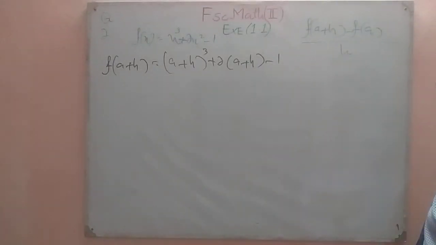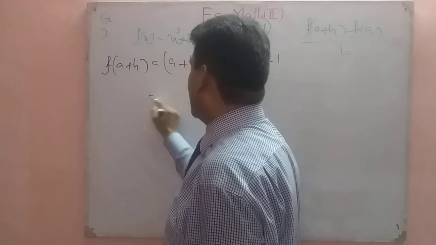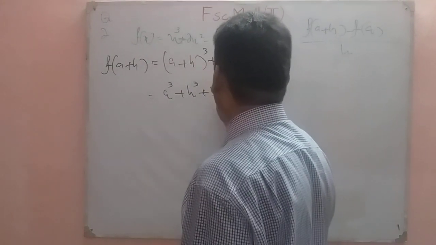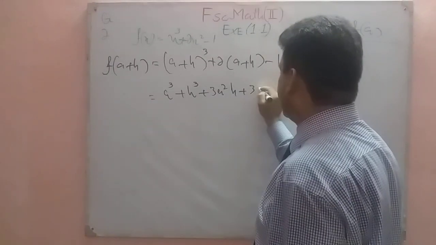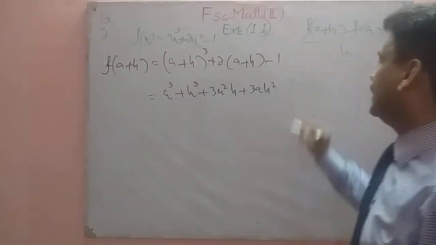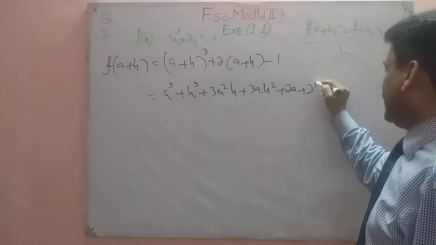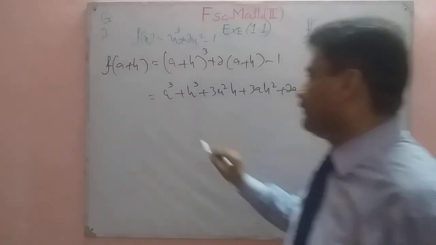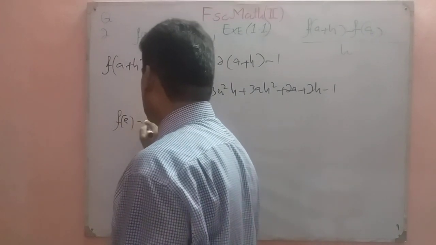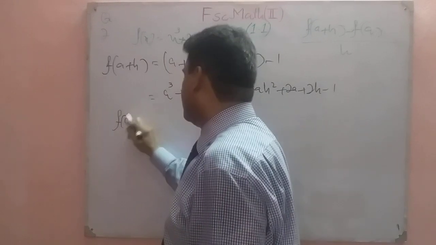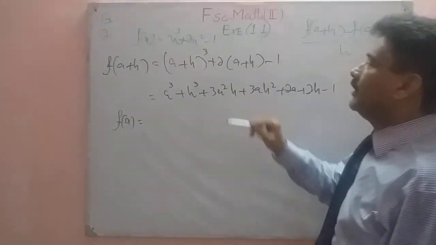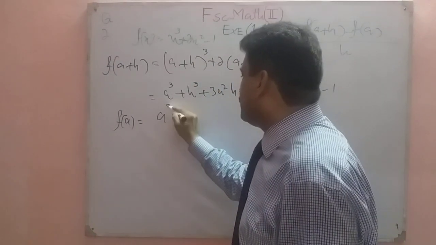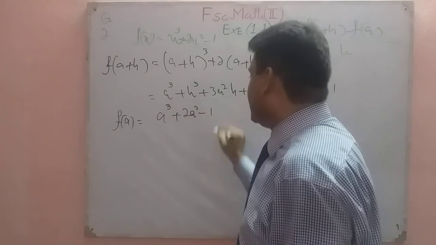After simplification and expanding this cube, we will get a cube plus h cube plus 3a square h plus 3a h square plus 2a square plus 4ah plus 2h square minus 1. We will find the value of f(a); we just place x by a here: a cube plus 2a square minus 1.